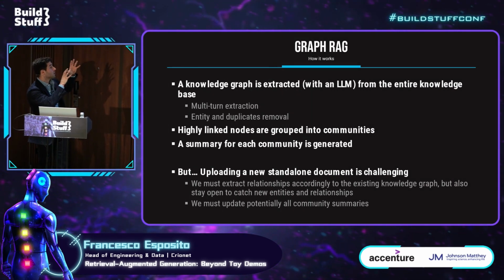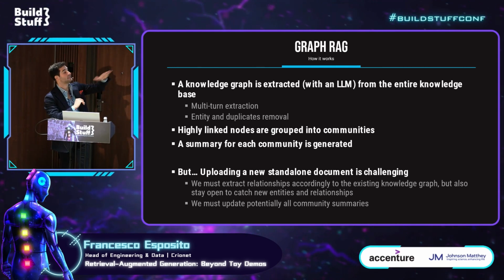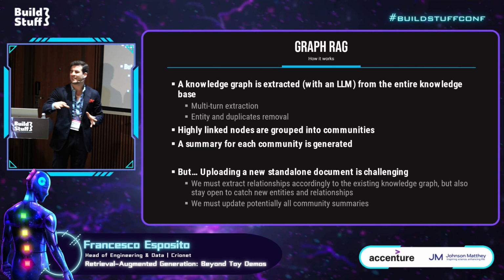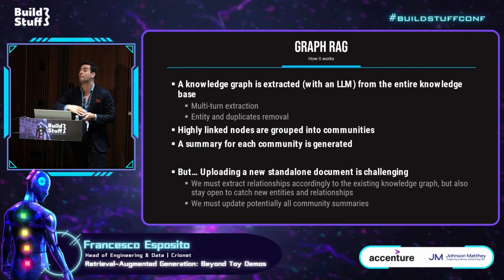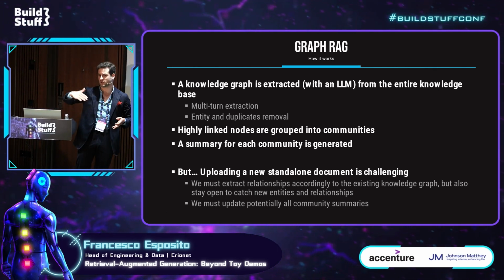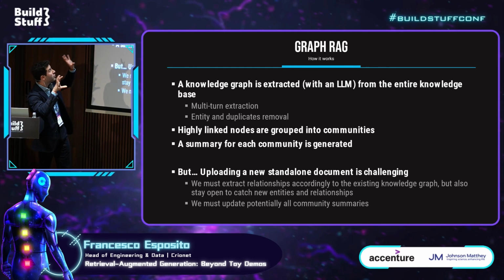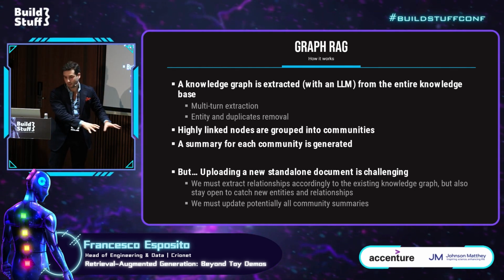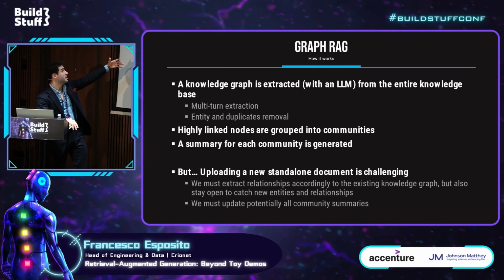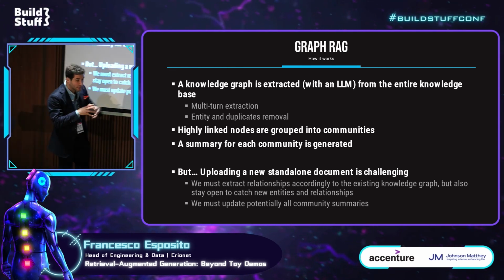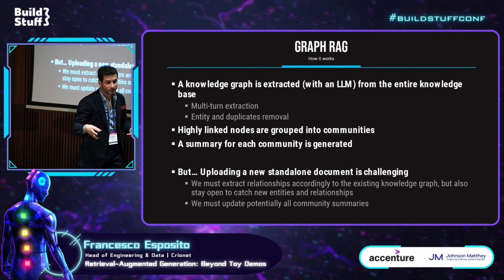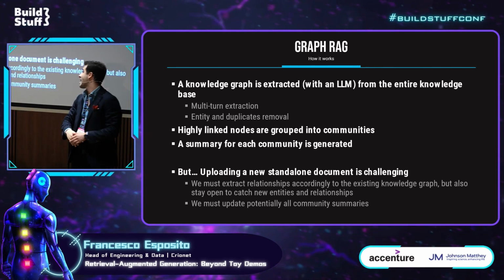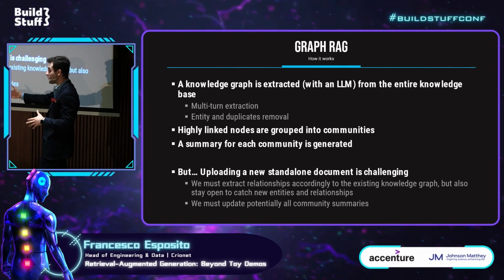The ingestion step here is completely different. We involve an LLM, or in case it's a code base, we could use compiler tools like Roslyn for C#. So we have to build a knowledge graph from the knowledge base. Involving an LLM for extracting the knowledge graph requires, for sure, multi-turn extraction and entity and duplicates removal.